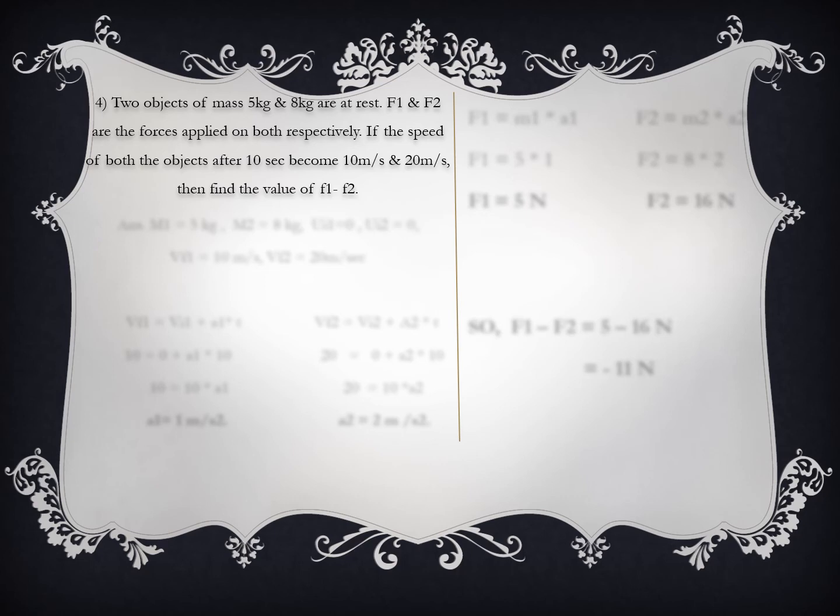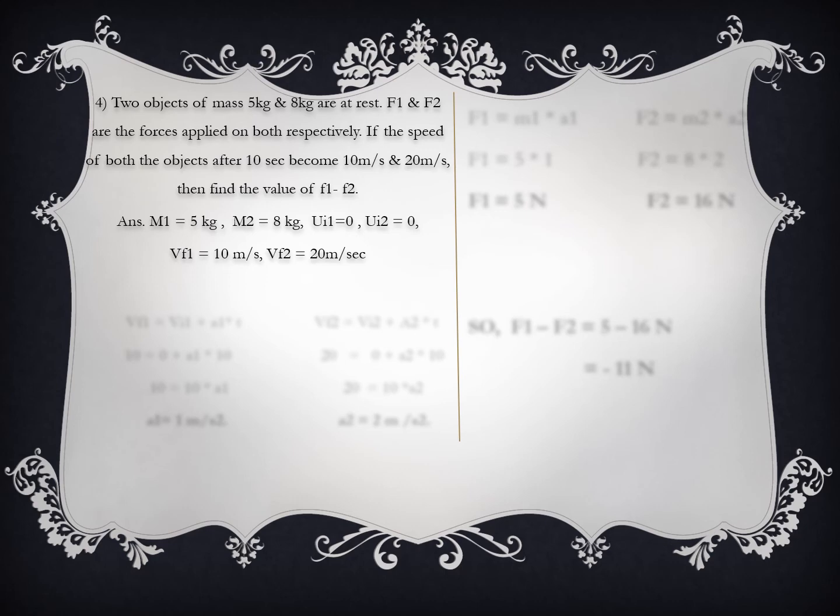We are given two objects, mass m1, which is 5 kg, and mass m2, which is 8 kg, and both these objects are at rest. So both initial velocities, Vi1 and Vi2, are 0.